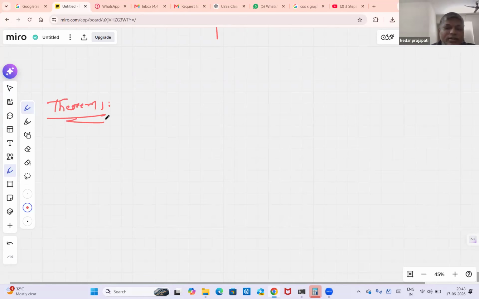In inverse trigonometry, only this graph is very difficult. Others are very easy. So you have completed the difficult part. I'll tell you the 3 graphs in the next class, but those are not so important. But in your JEE, it will come, so I will cover that also.